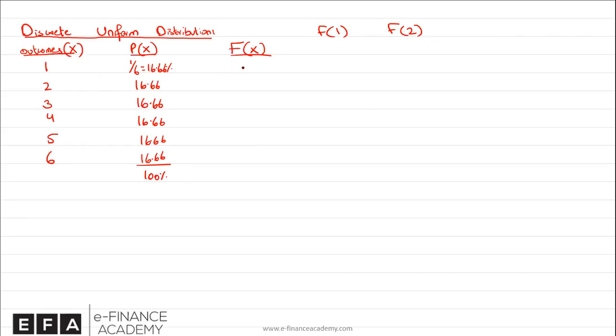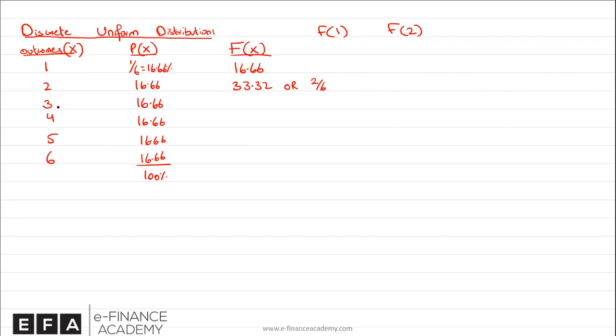So F(1) is simply 16.66 because the probability of getting 1 or lower is 16.66. F(2) will be the probability of getting 2 or lower. We simply add 16.66 plus 16.66, which is 33.32. Or alternatively, we can say there are 2 outcomes, as you can see, 1 and 2, out of a total of 6, so 2 divided by 6.